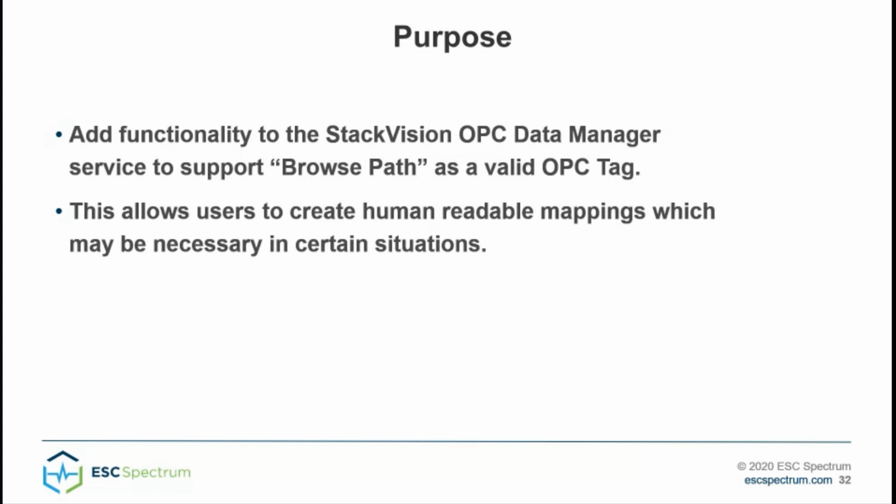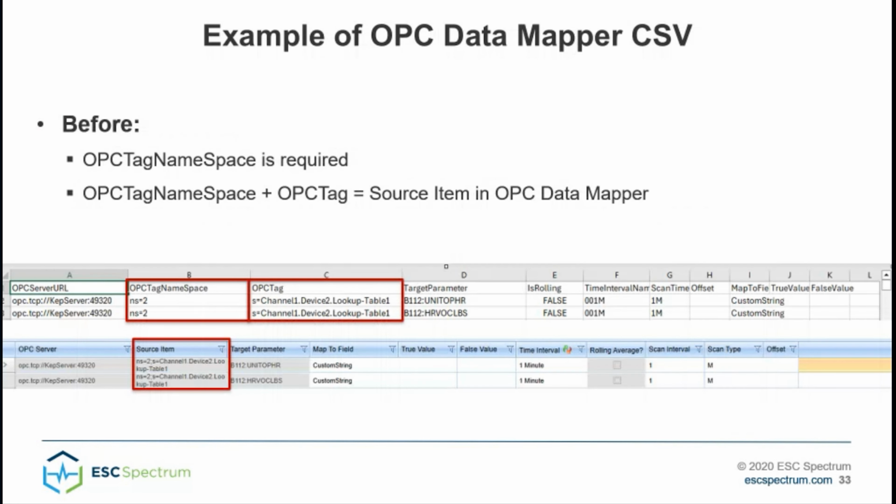In some cases, we've seen 32 characters, just random characters that are not human readable, right? They're not logical. They don't make any sense. So a way to get around that so that people can look at their mapping and see what's mapped to what, for debugging purposes, we implemented browse paths to the data mapper and the data manager service.